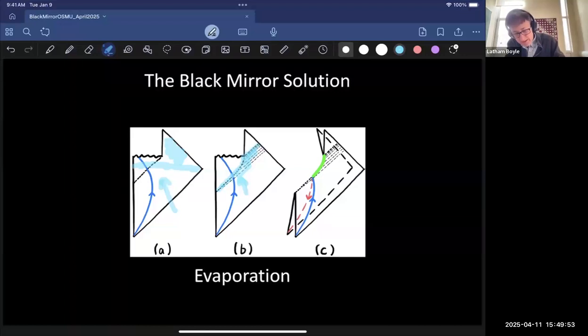Okay, so the corresponding black mirror again would be two of these exteriors pasted together at their horizon. But now it's this curved horizon. So the matter that falls in annihilates with its antimatter and turns into radiation, which rides up the horizon. But now, because of quantum mechanics, it can't be exactly localized on the horizon, so it won't ride along forever. It gradually leaks off, and that's what black hole evaporation is.